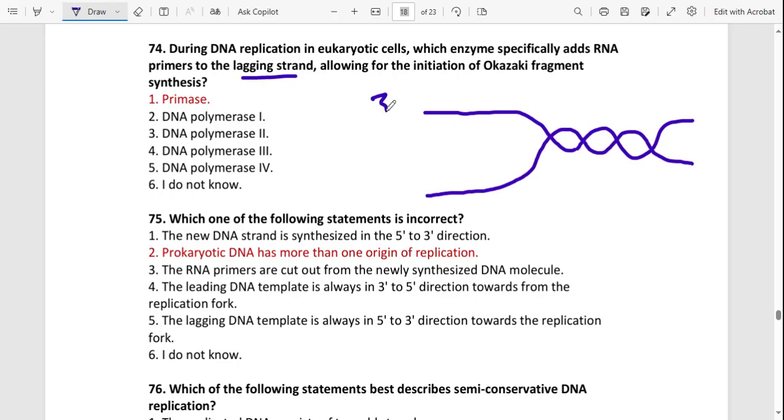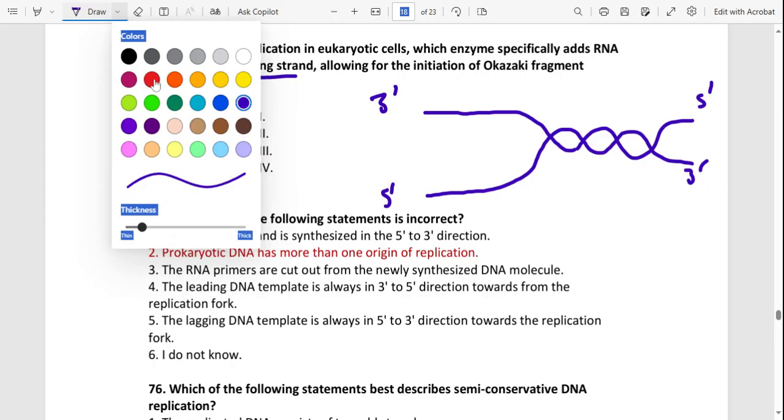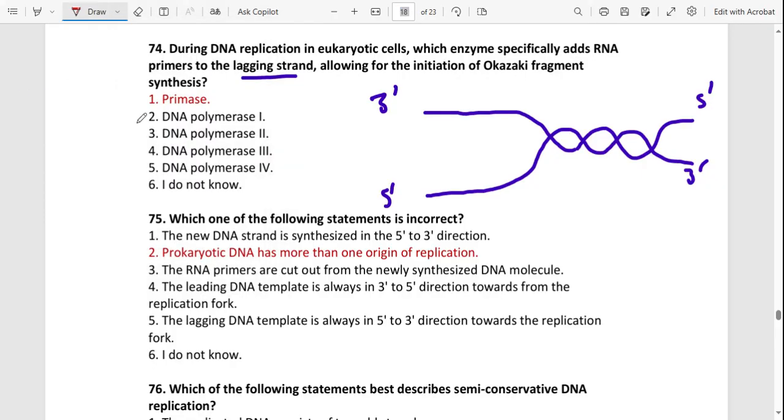This one runs from 3 prime to 5 prime. This one is from 5 prime to 3 prime. And this is replication happening. In replication, DNA polymerase can only read the strand running from 3 prime to 5 prime, so it can only make a new strand in the 5 prime to 3 prime direction. For this strand, we call it the leading strand.